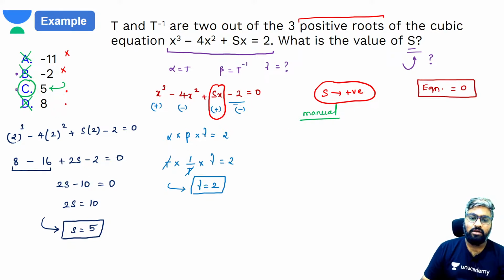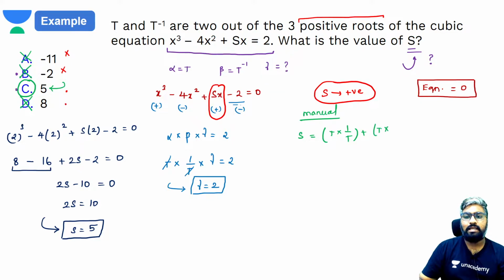So we found out one of the roots is 2. S must be equal to the roots taken 2 at a time, which will be T into 1 by T plus T into 2 plus 1 by T into 2.